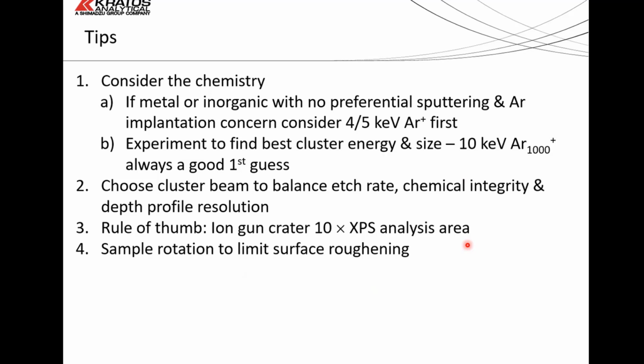And then the fourth one, if you want really good resolution, you have to employ sample rotation. That's really important if you're going to very large depths as well, because that surface topography will just keep building and building and building. If you're just doing a shallow clean of something, then it really doesn't matter. If you want really accurate results, then I'd recommend the rotation.